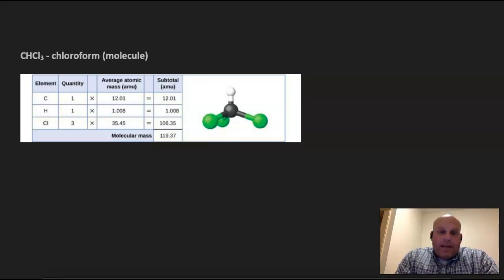Then we take the average atomic mass from the periodic table of those atoms, and in the case of the chlorine, we need to multiply it by 3 because there are 3 chlorine atoms. When we sum those subtotals, we arrive at the molecular mass for chloroform, 119.37.